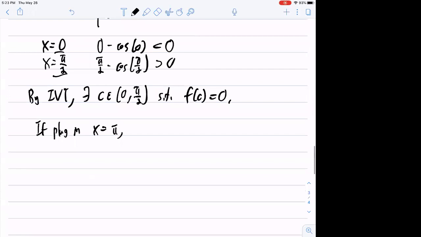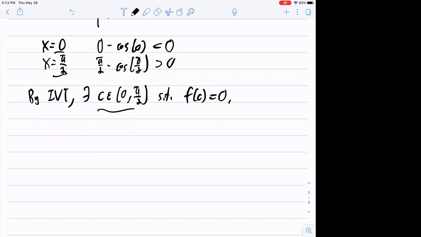If you plug in another value, like pi over 3, then c is in there. In this case, it's fine because everything past pi over 2 is always positive. But be careful about where the c lies.